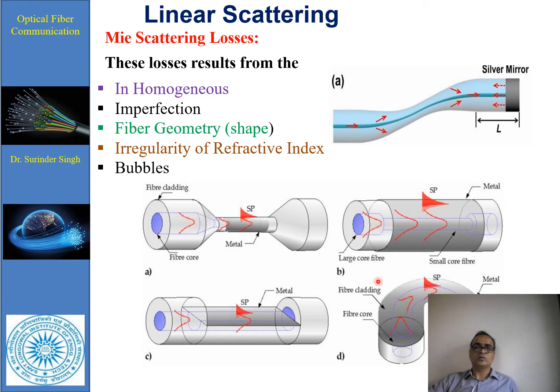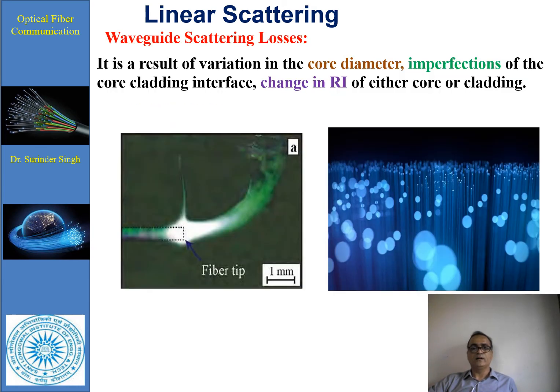So these are some improvement ways. There is also the waveguide scattering loss. It results basically from variation in the core diameter, imperfection of the core cladding interface, and change in refractive index, either core or cladding.